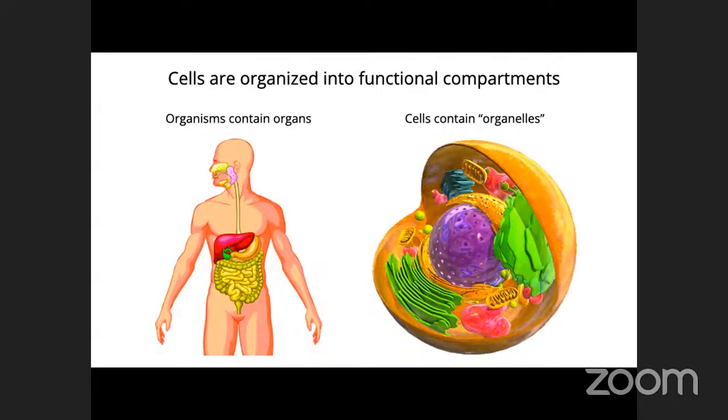Those compartments are called organelles. It's literally the same thing as your body. It has different organs, which are specialized compartments that do a particular function. The cell has the same thing. If I zoom in on a particular cell, there are all sorts of, in this case, membrane-bound compartments called organelles.